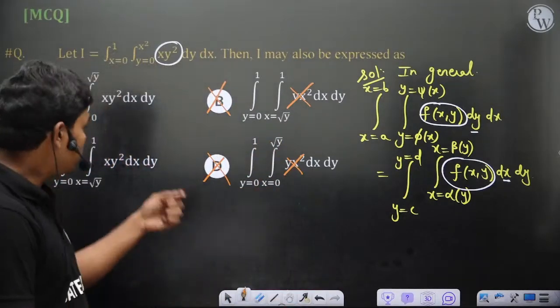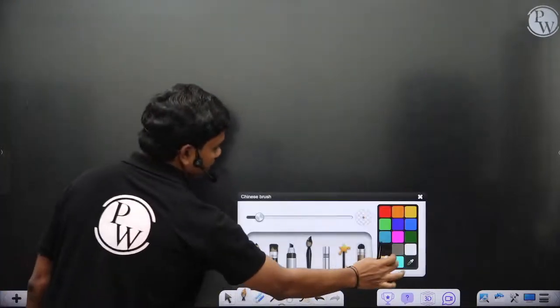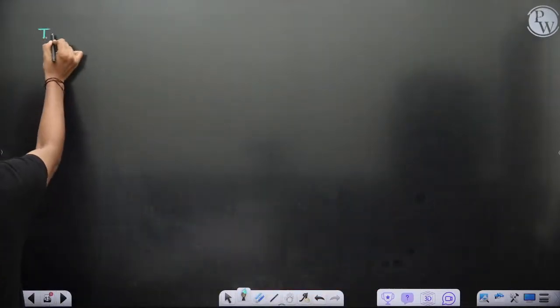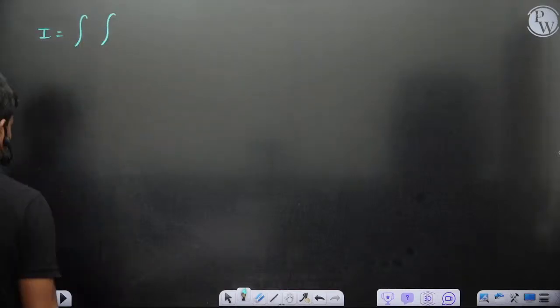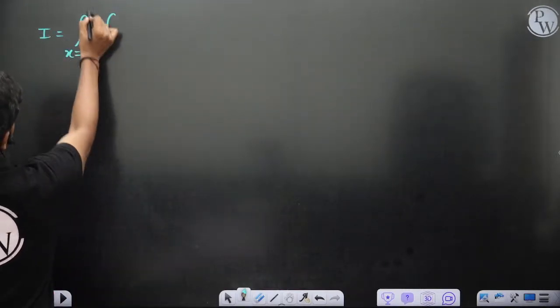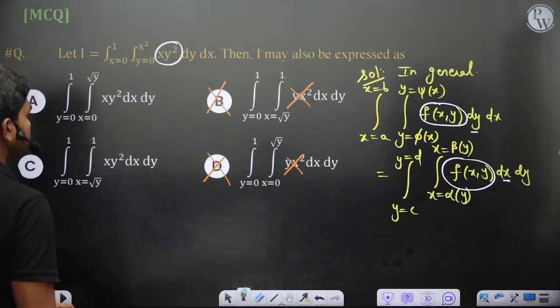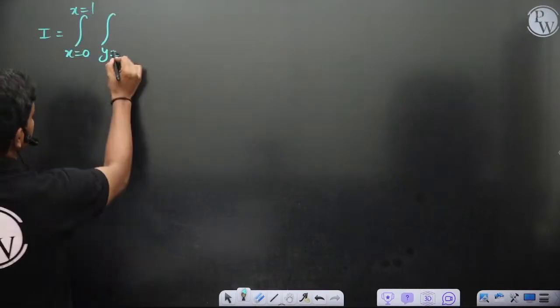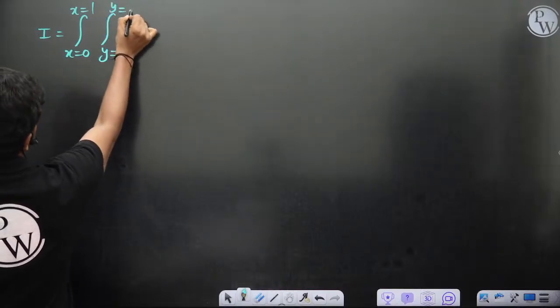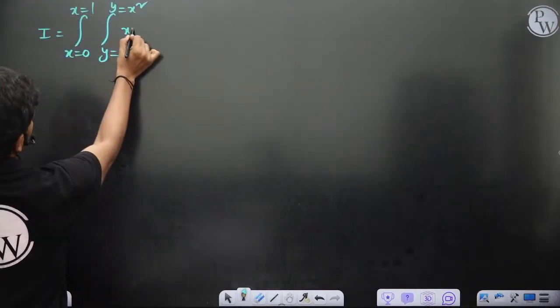Good. So let's see. The given integral is I equal to the integral x from 0 to 1, and y changing from 0 to x square, so y equal to 0 to y equal to x square, of xy square dy dx.